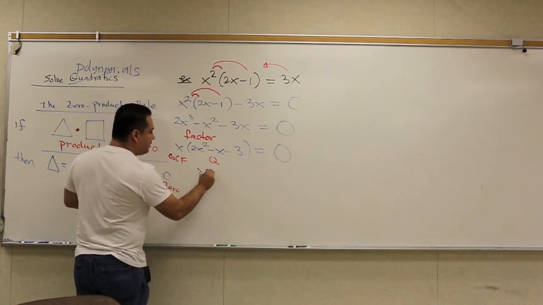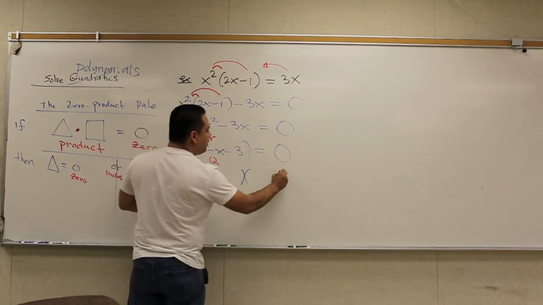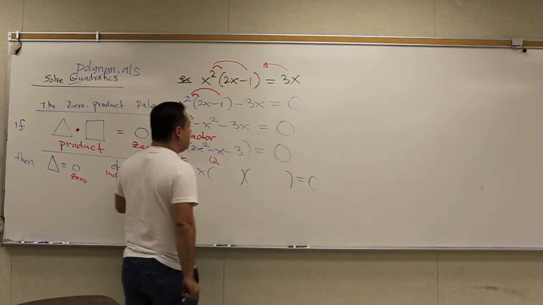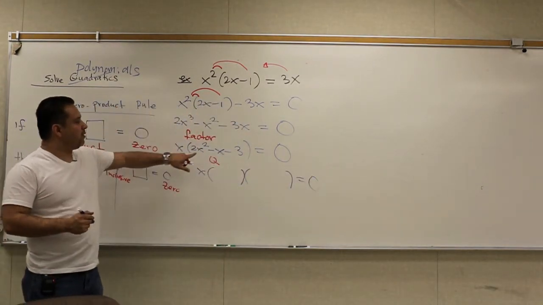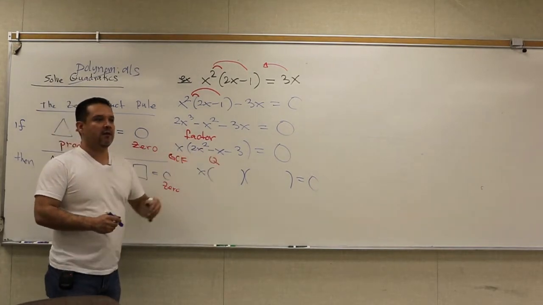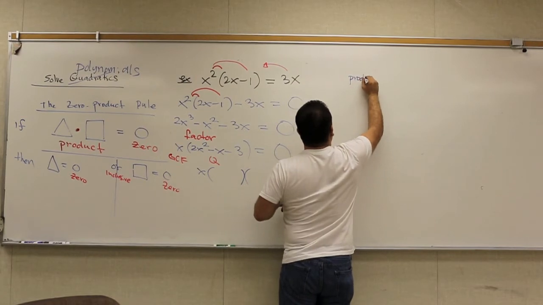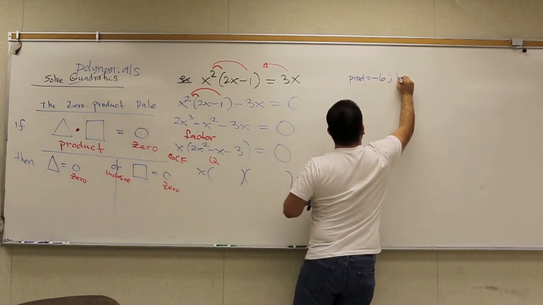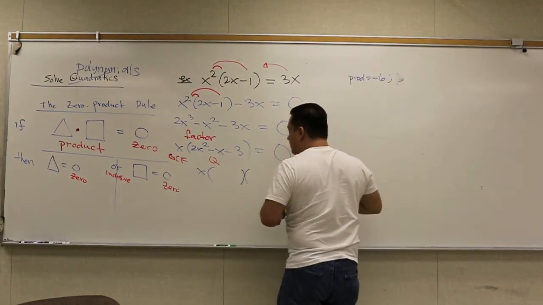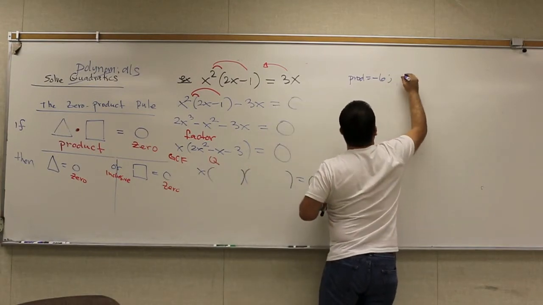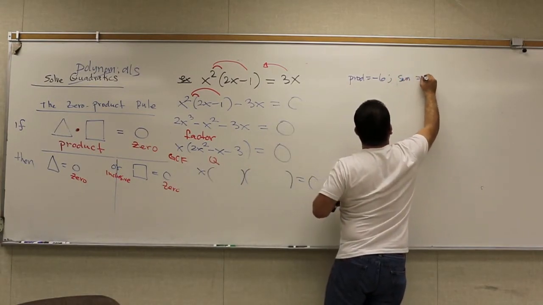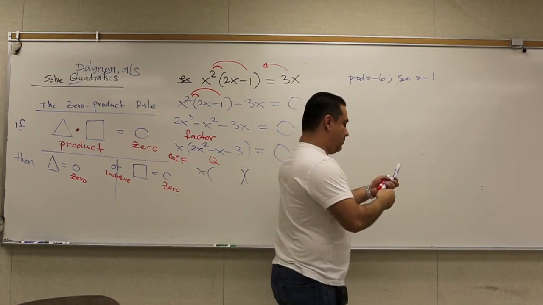Now, here's the deal. What did you guys get when you did your beef stew? Remember, two numbers multiplied together is negative 6. So the product here has to be negative 6, and the sum has to be negative 1. What is it?